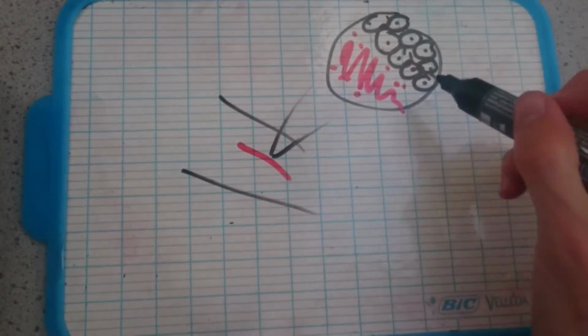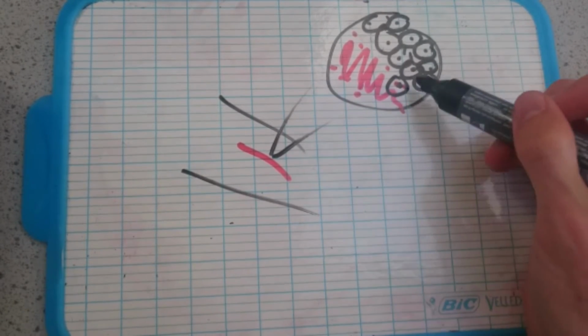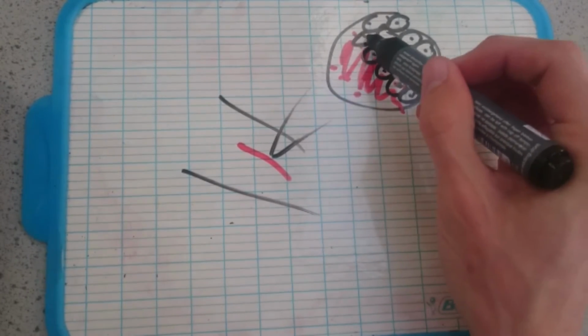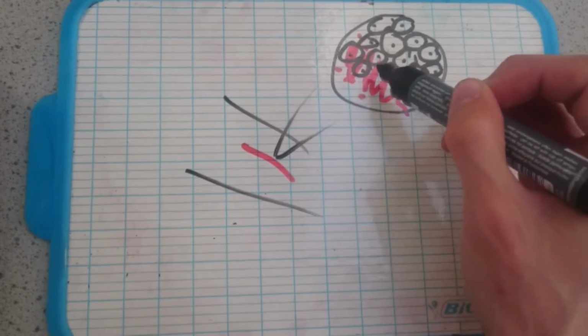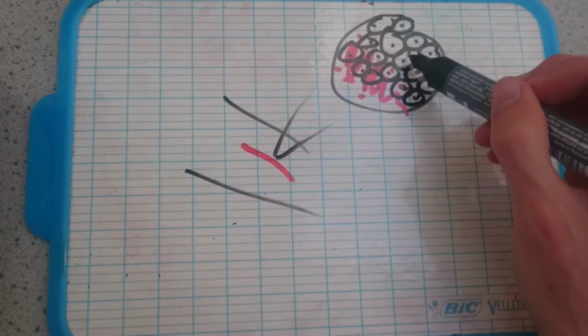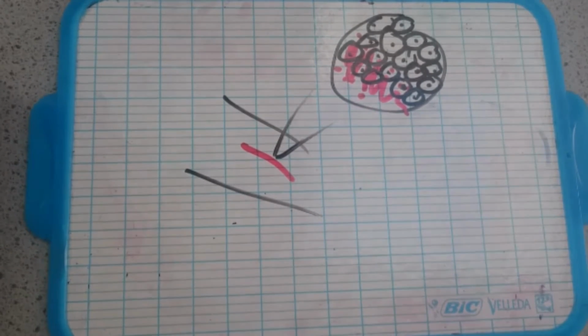The point is, these cells here are just going to be able to make new ones of themselves by a process called mitosis and just replace those damaged cells with fresh new ones that are identical copies of these ones here. And the way they're going to do that is by each one of these is going to split in two. That's what this video is all about. How do they split into two?